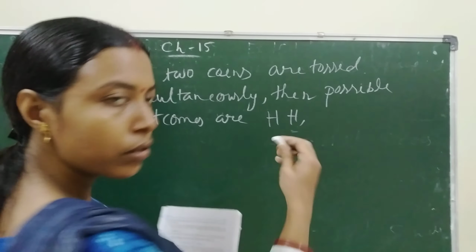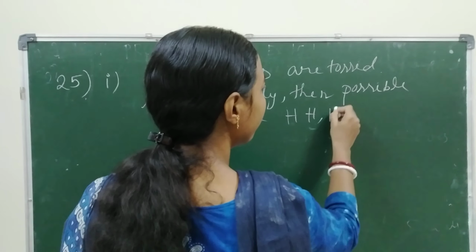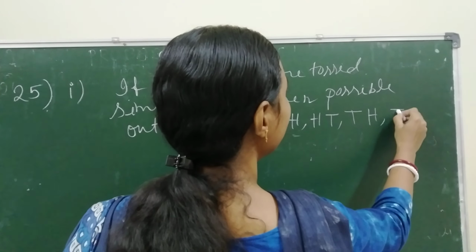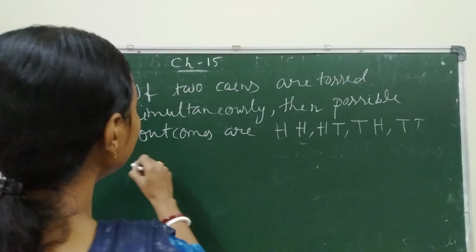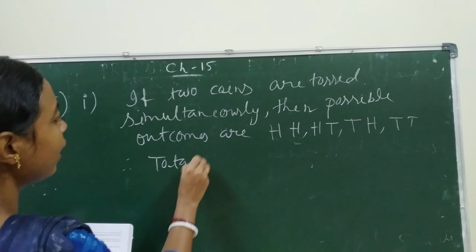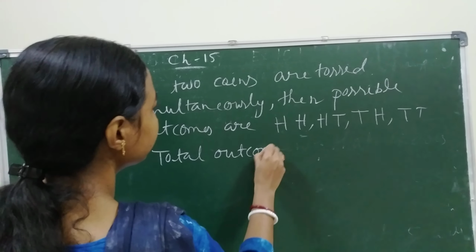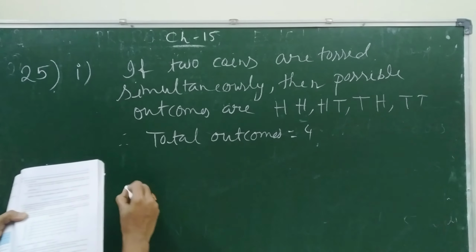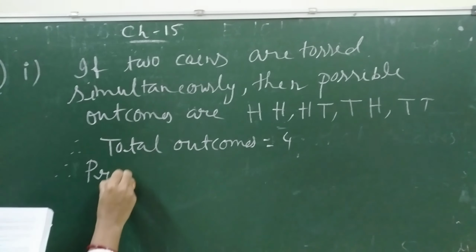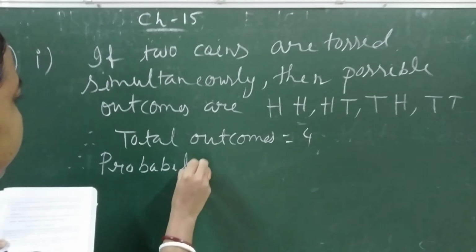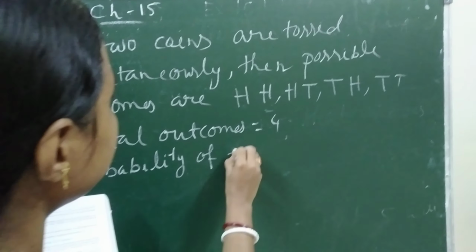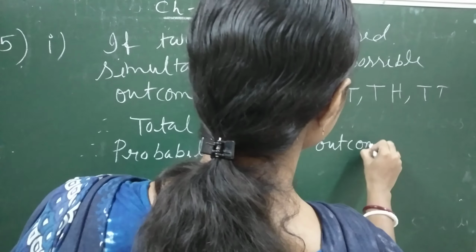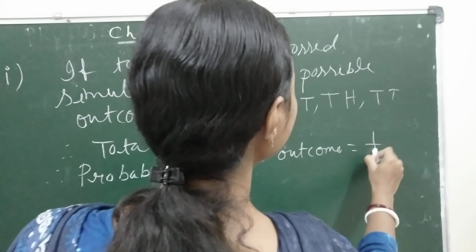Both heads, one head and one tail, one tail and one head, and both tails. Okay, so therefore total outcome equal to 4. Therefore probability of each outcome equal to 1 by 4.